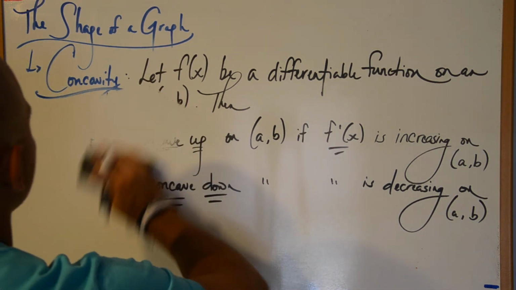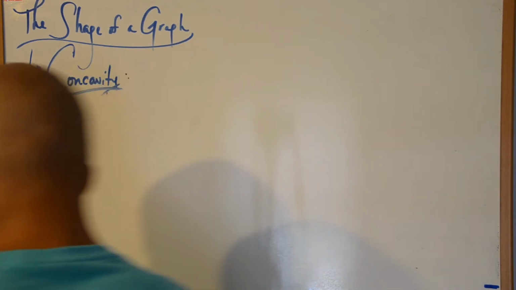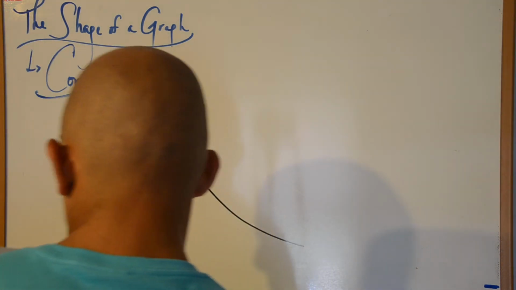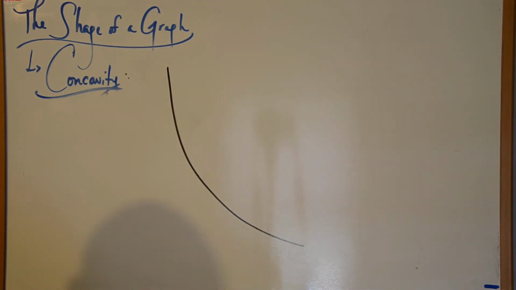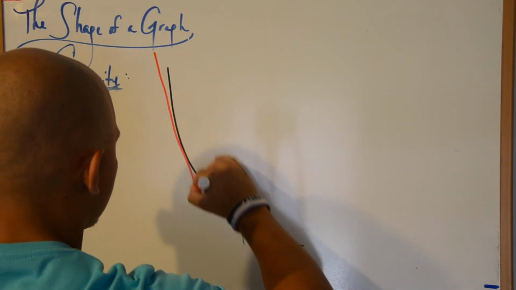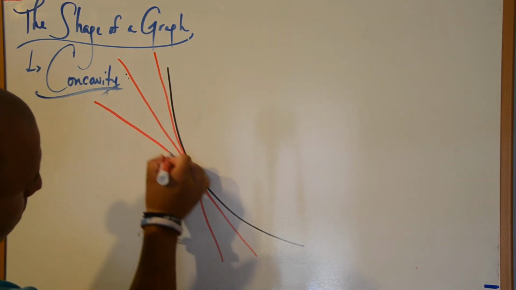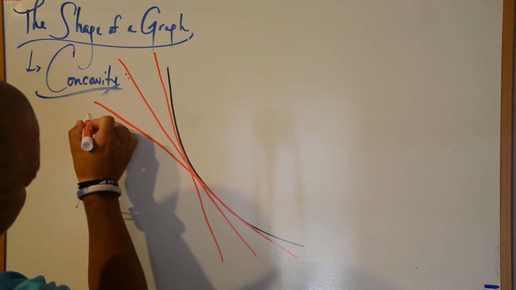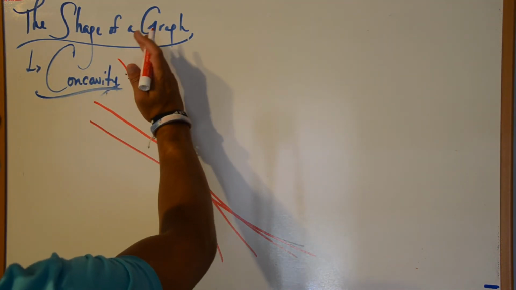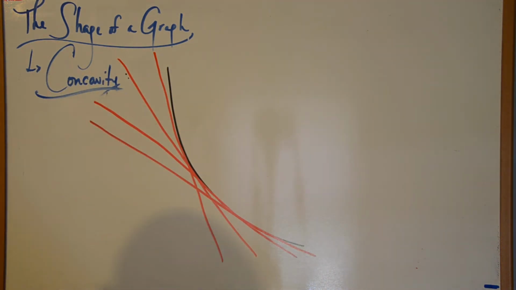I had made reference to it in our initial example, but I will redraw this piece a little more magnified. Let me draw the tangent lines in a different color. Right, so we can see that we're going from steep to more broad in our slopes of the tangent line.